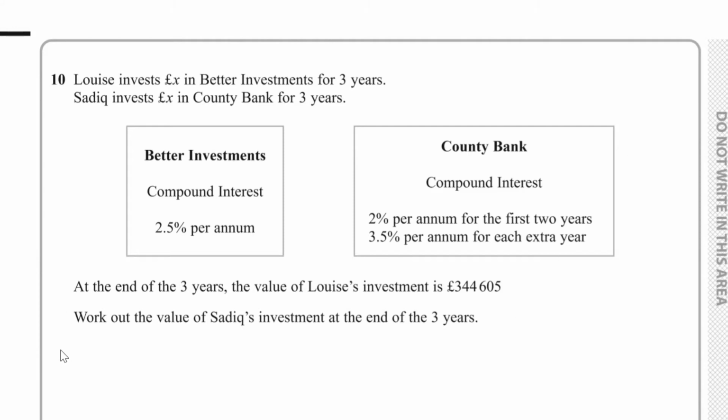Well, first of all, let's consider what's happening with Louise. She invests X pounds, and then we've got compound interest at 2.5% per annum, so our multiplier is 1.025, and we're investing for 3 years, so we raise this to the power of 3, and it turns out we get 344,605.